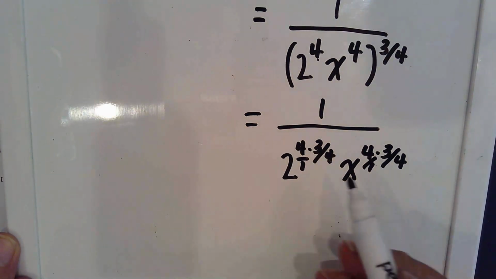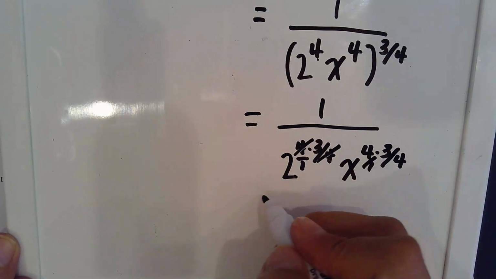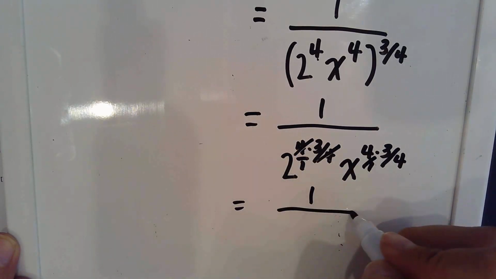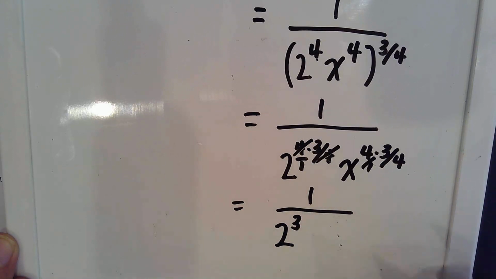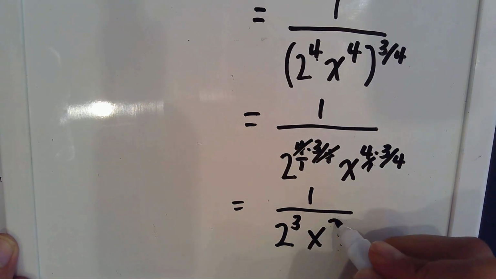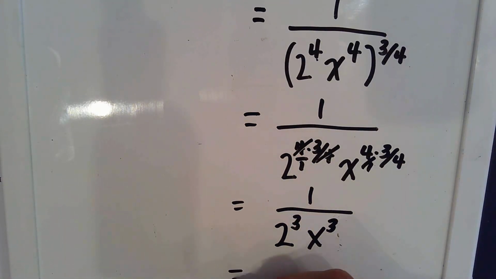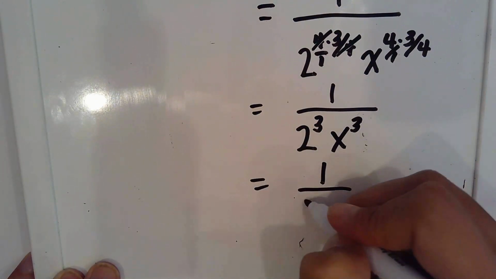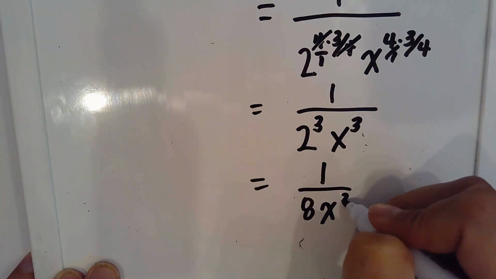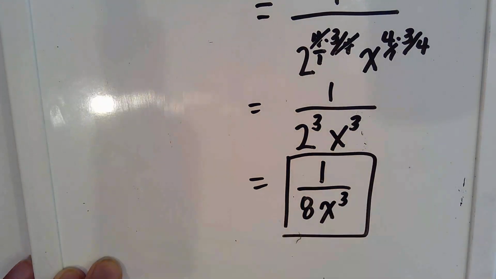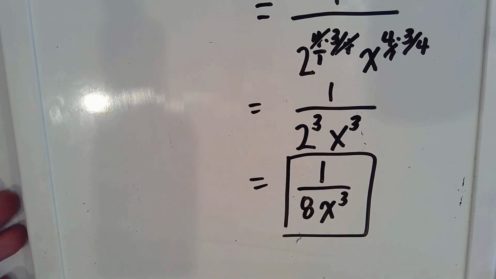So what's going to happen to these denominators here on the exponents? So this is just going to turn into 2 cubed and an x cubed. So this will be a 1 over 8x to the 3rd. Okay, so far so good.